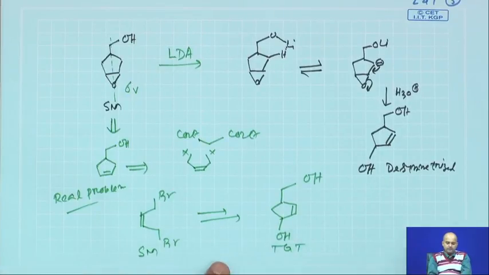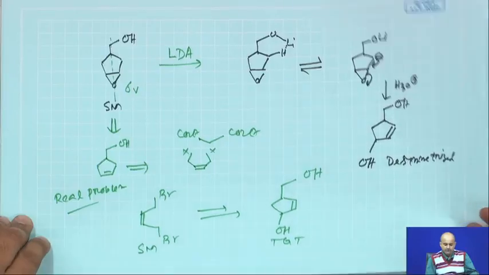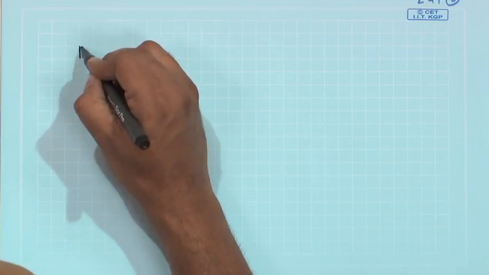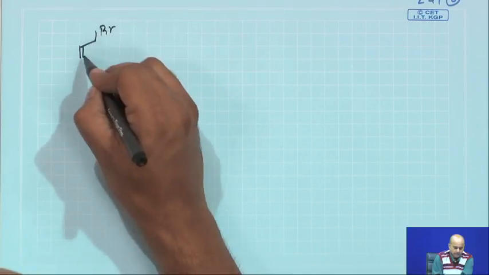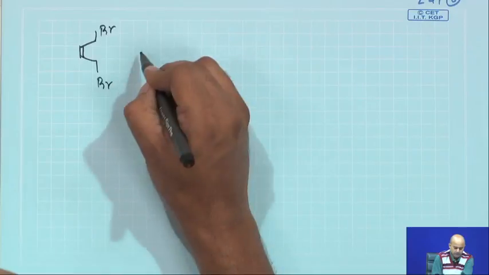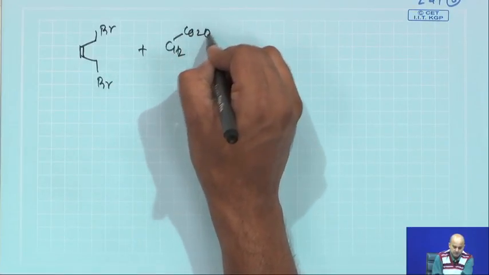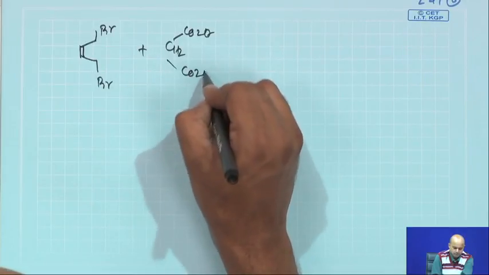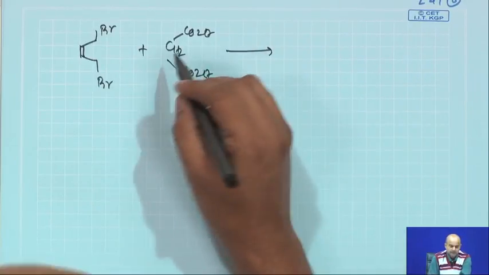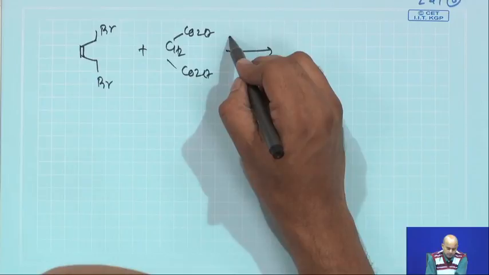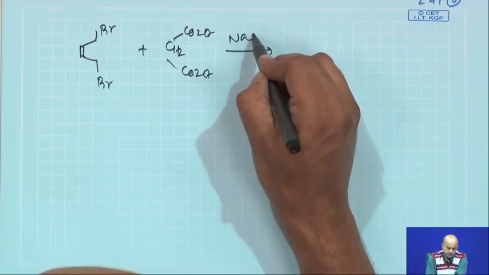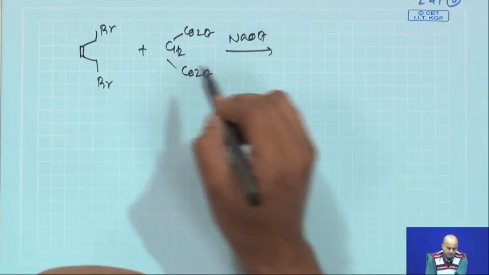So, now if this problem was given to you, you basically have to follow the pathway which I have just discussed. Take this dibromide, react with diethyl malonate. Now, diethyl malonate has an active methylene group, you treat with excess base, let us say sodium methoxide.